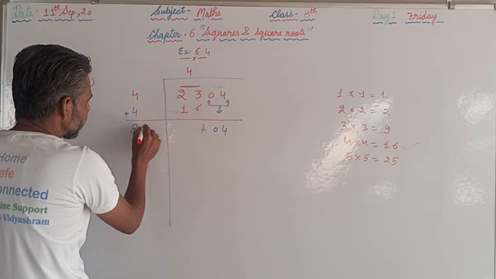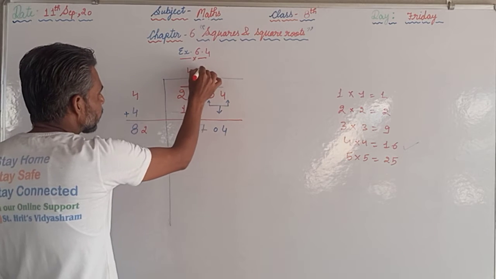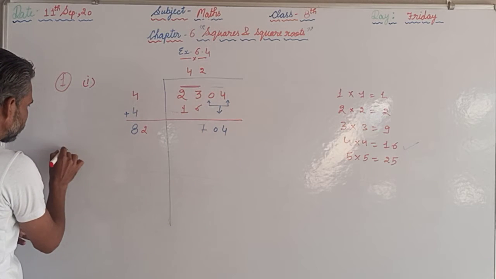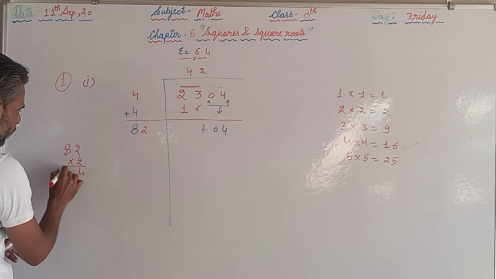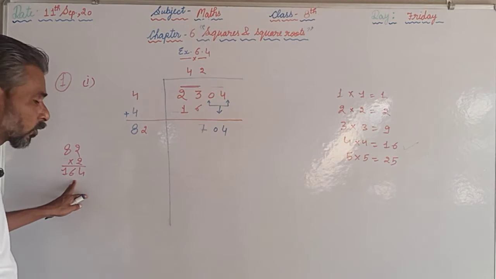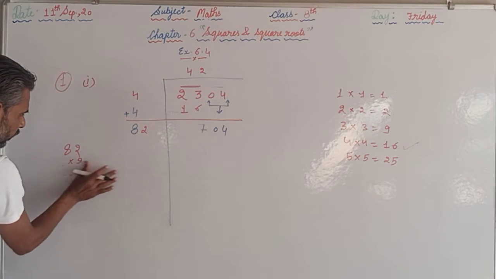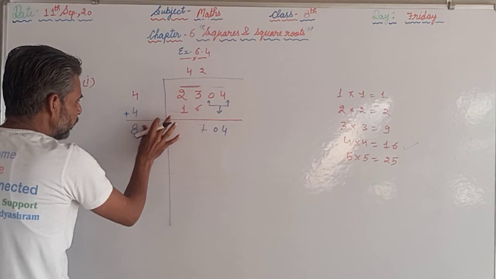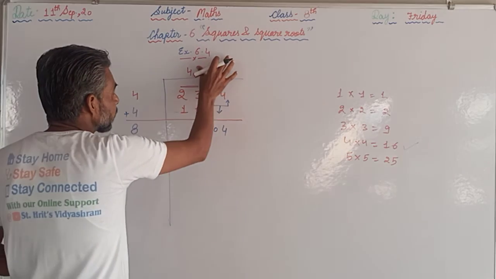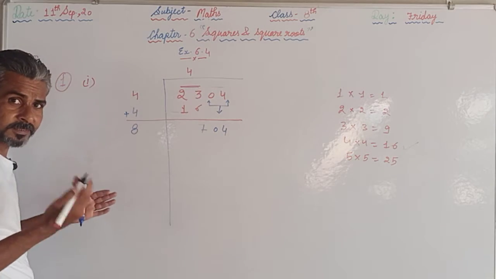If we write 2 here, we write 2 here, and 82 into 2, 8 2s are 16, that is much less than 704. So we will not write 2. We can check for 3, 4, 5, 6, 7.